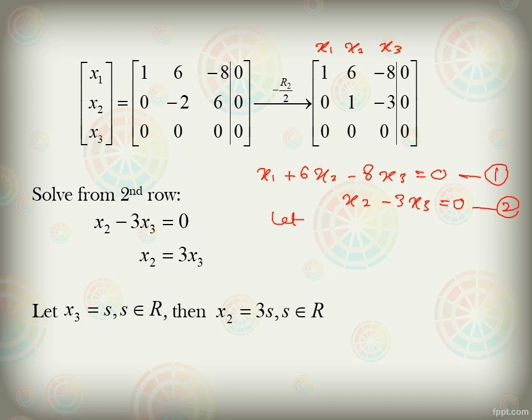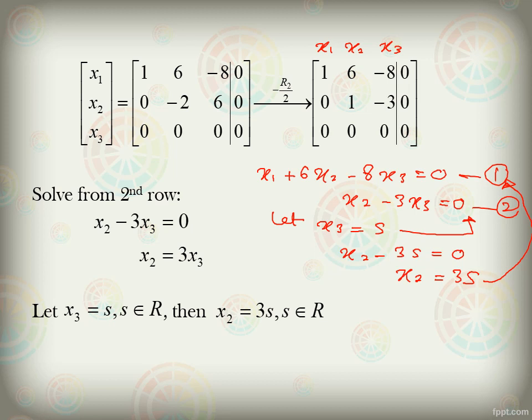Here I will let my x3 equal to s. When I apply this to the second equation, I get x2 minus 3s equal to 0, which means our x2 is equal to 3s. Now I have x3 equal to s, x2 equal to 3s. Substitute both into the first equation.